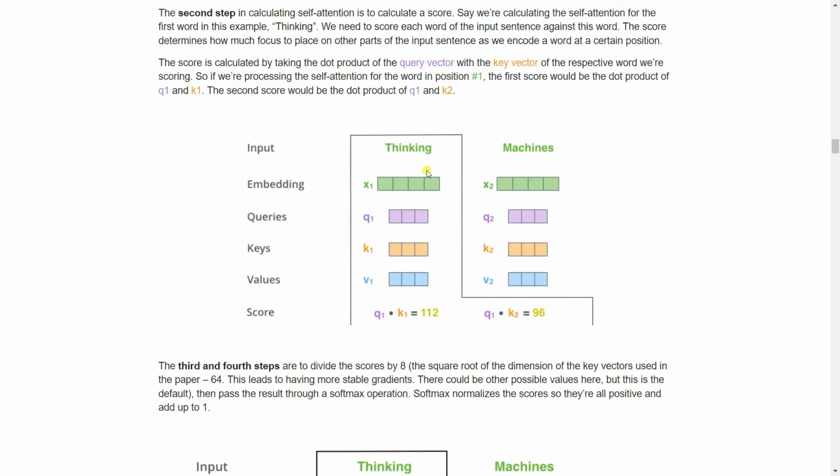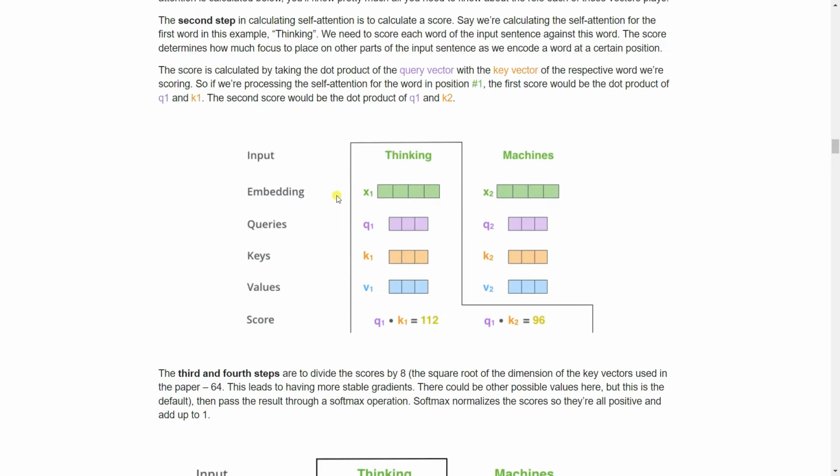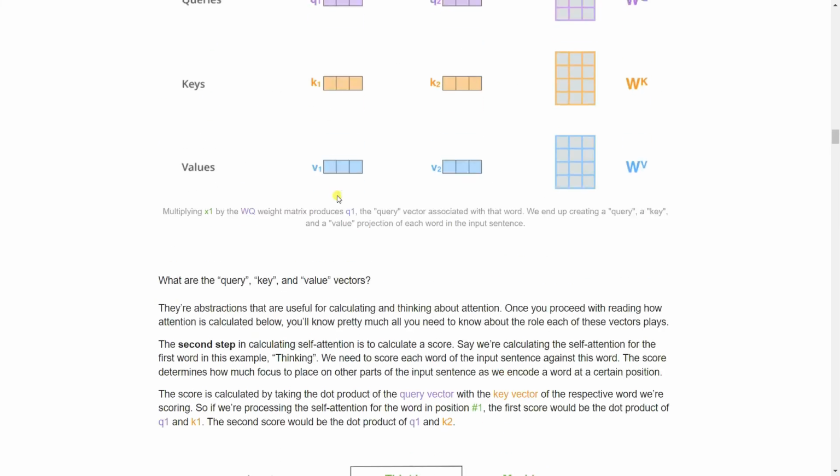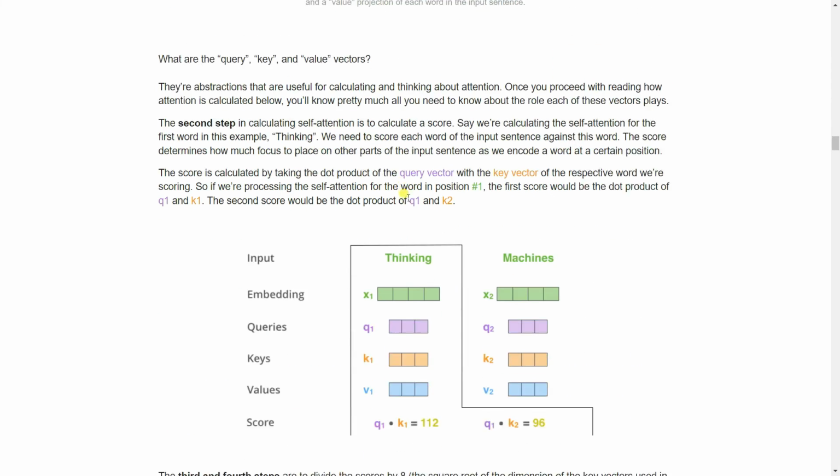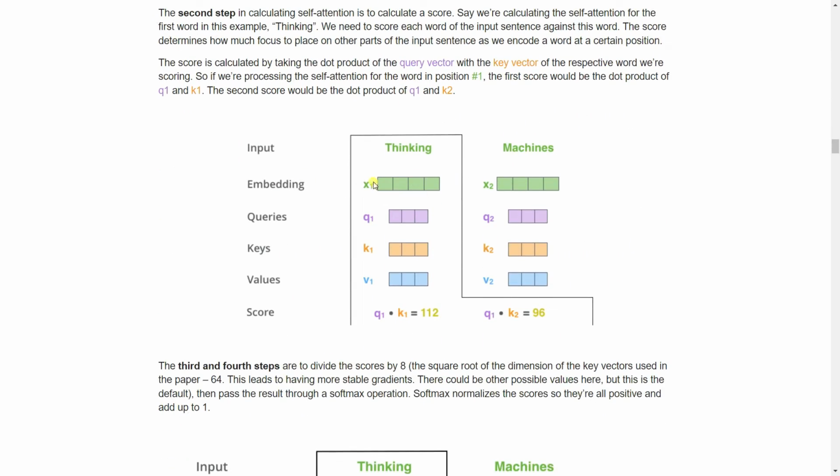So what is actually happening here? They are calculating the scores. What kind of scores? Attention scores. See here, the queries, the keys, and the values are generated for "thinking" and also for "machine".